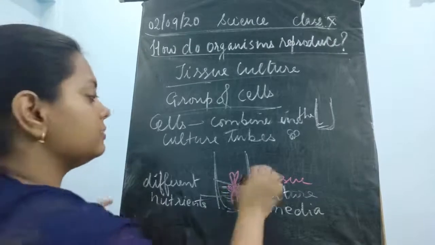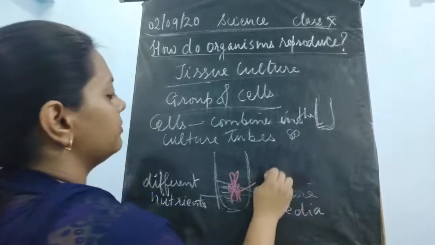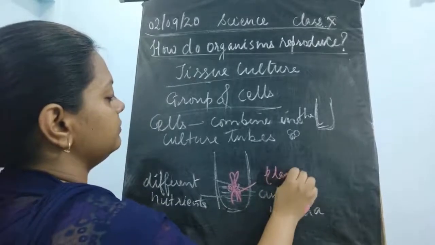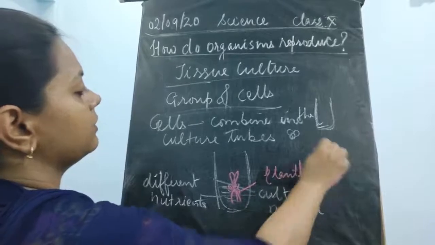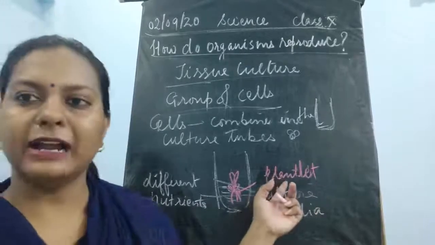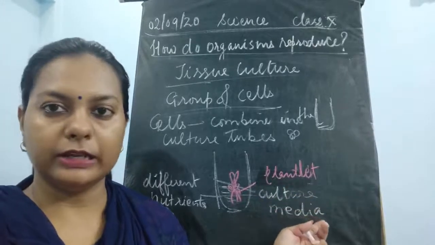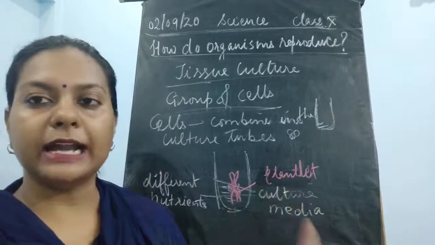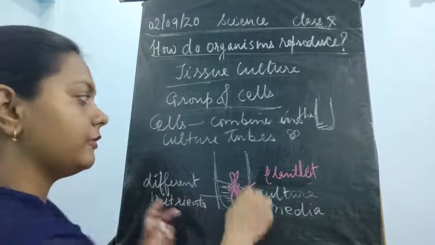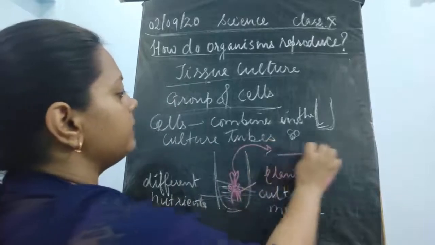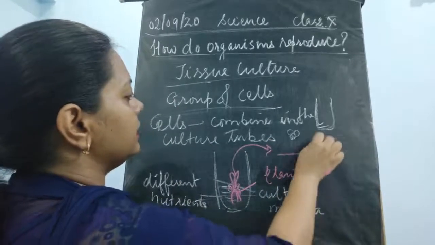Now this is known as the plantlet. It is also known as an explant and there are many other names, but I am not going into detail. Just remember, small plantlets are developed. Now we'll take out this plantlet from the culture medium and place it in the environment.